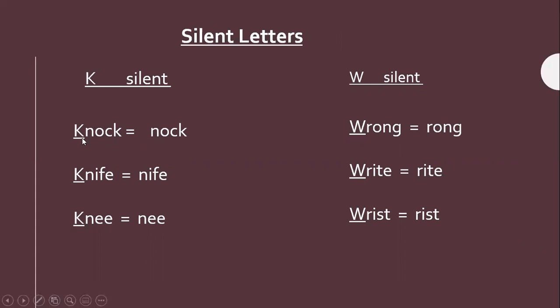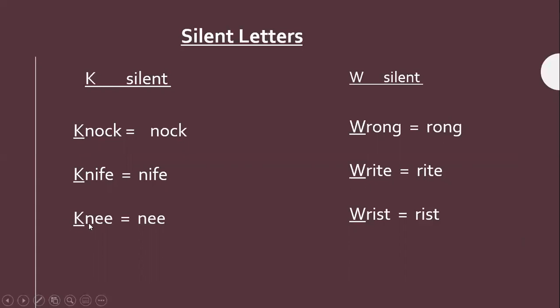Just like you read on the previous page, knock. We write it with K, but here K is silent. Same as in this word. What is this? Knife. We will not say the sound of K. We say knife.